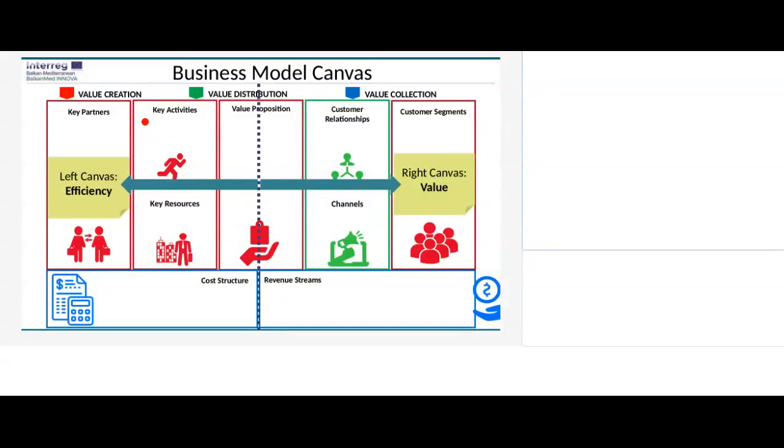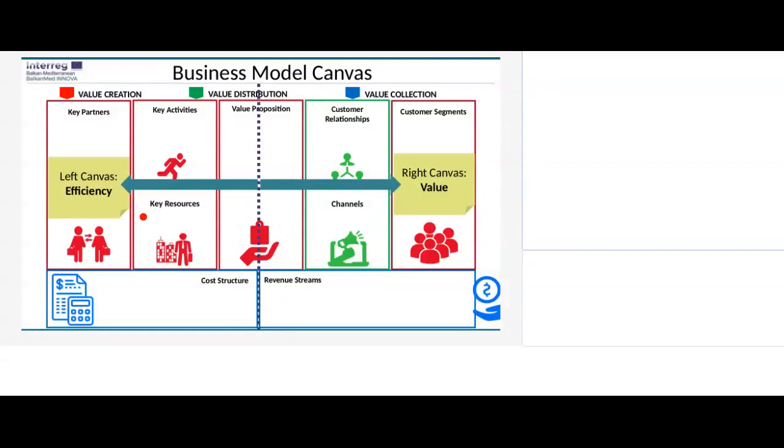Or we find a new activity, a new way of distributing or creating our service, or manufacturing efficiency, etc. We increase the efficiency, therefore. Or we find some new kind of resource that helps our company to produce more value for the customers.